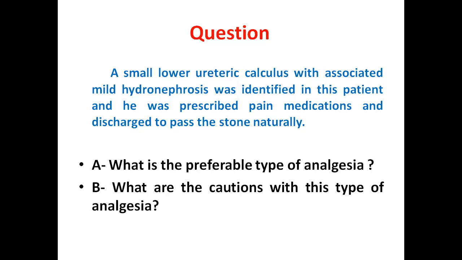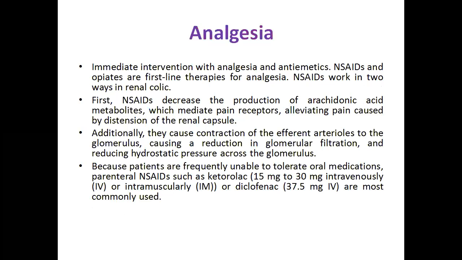This is a protocol called the MET protocol, which is medical expulsive therapy. The preferable analgesia is non-steroidal anti-inflammatory drugs, which decrease the production of arachidonic acid metabolites, which mediate pain receptors, relieving pain caused by distension of the renal capsule.